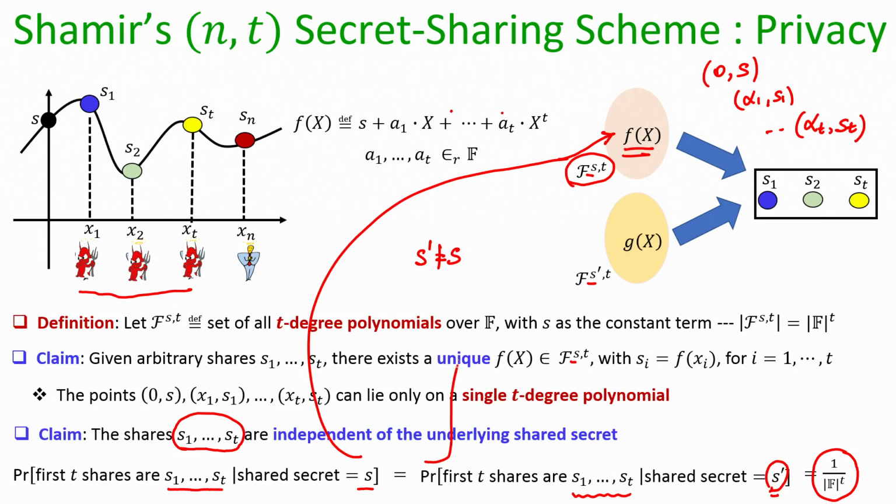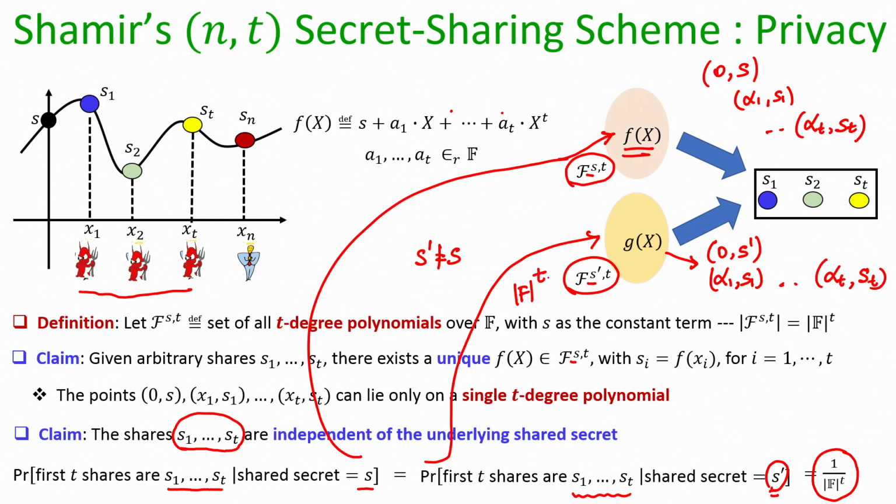The probability of that is exactly the same as the probability that the dealer chooses that unique polynomial of degree t, say g of x, from this collection f superscript S prime, passing through the points 0 comma S prime, alpha 1 comma S1 and like that alpha t comma St. But there are field size raised to power t polynomials which the dealer could have used for sharing S prime. Among those, the probability that the dealer has actually chosen the polynomial g of x is again 1 over field size raised to power t.